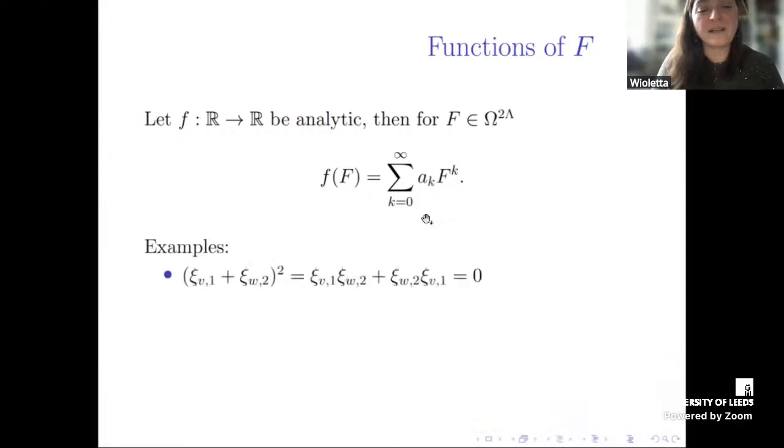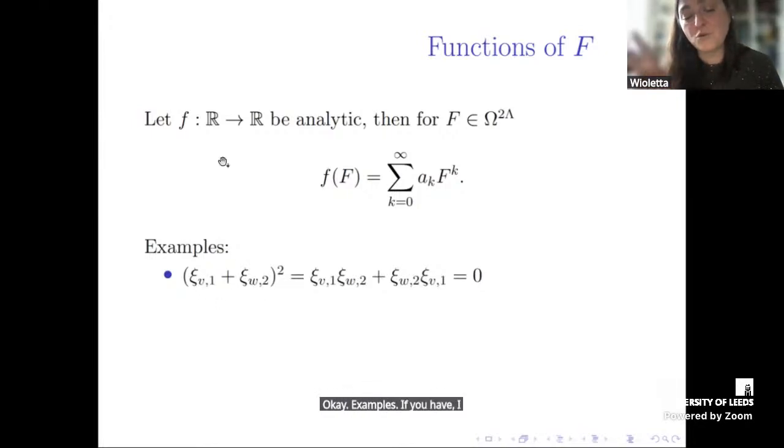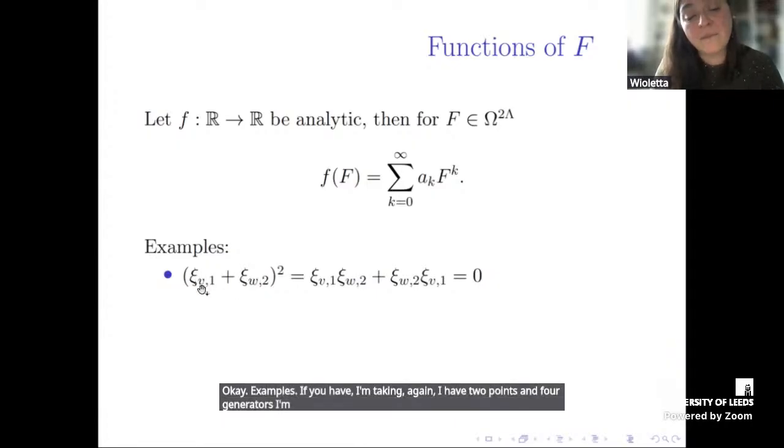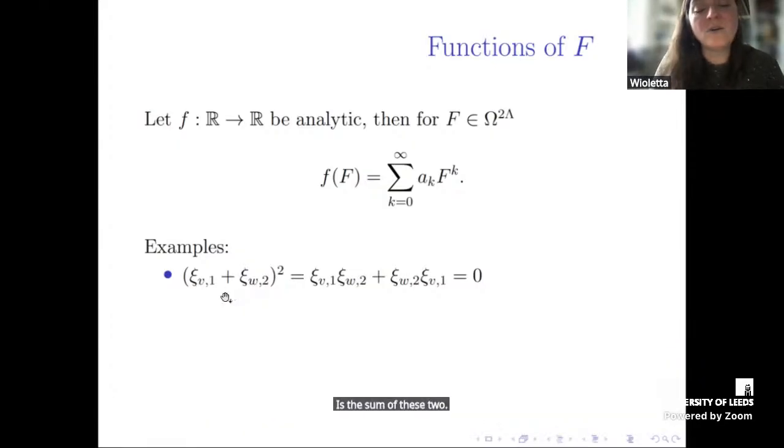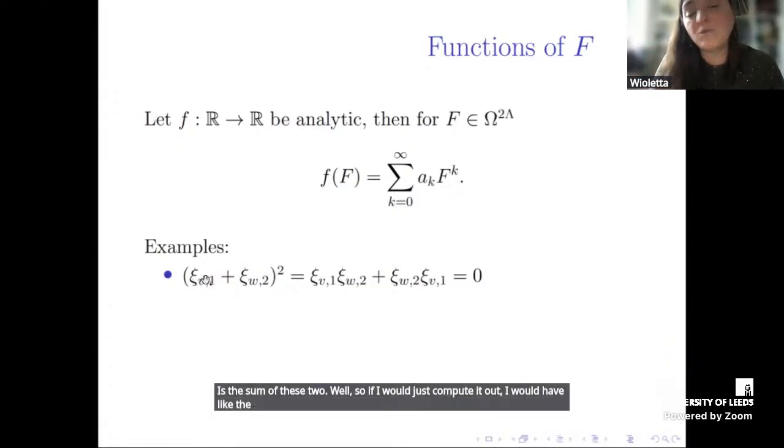Okay, examples. Again, I have 2 points and 4 generators. I'm taking here the sum of this generator and this generator squared. So my little f is just the square, and my big F is the sum of these 2. If I would just compute it out, I would have the square of this one, which is 0, the square of this one, which is 0, and then the sum of the terms multiplying each other.